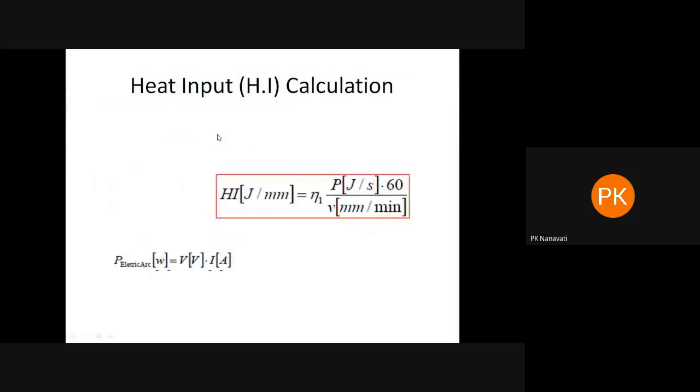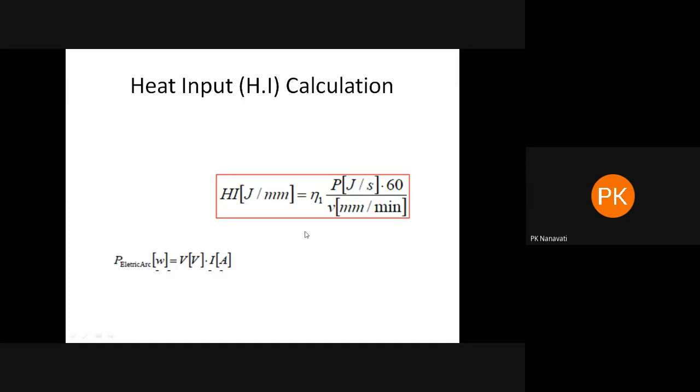Okay, now the heat input. Perhaps, students, if you are studying welding processes, you know the formula of the heat input. It is the amount of heat delivered into the weld metal.